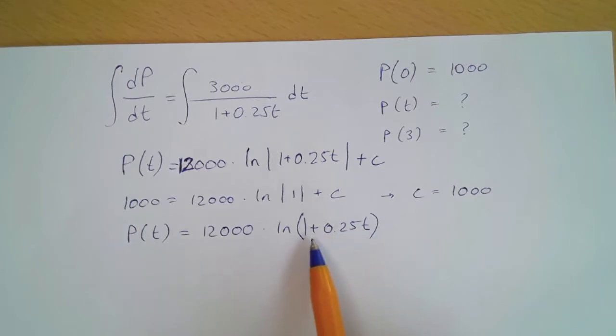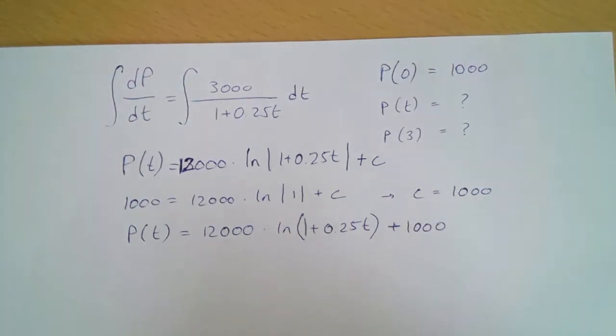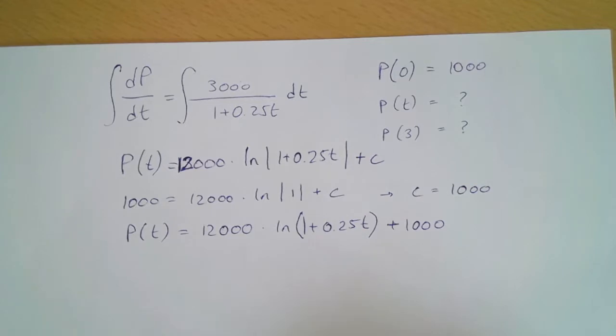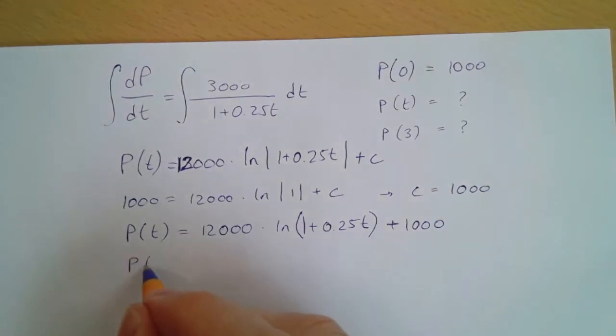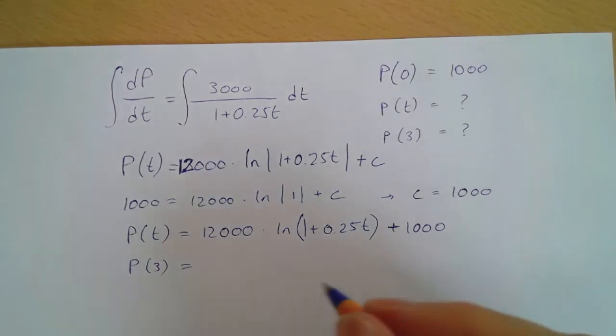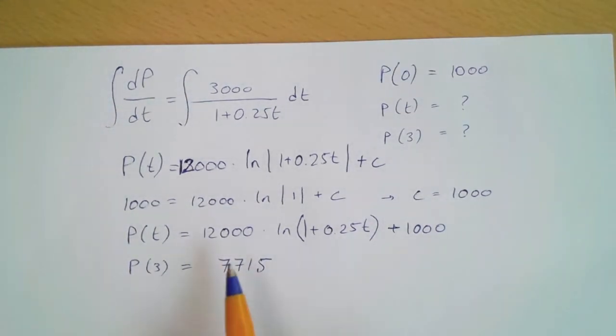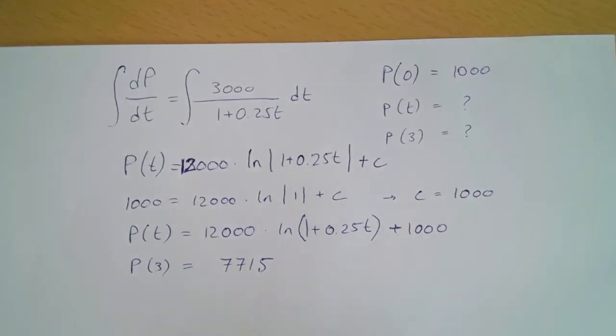We're starting at 0 and going to the positive, so ln of that number here is always going to be positive, plus 1,000. And finally, if we want to find P of 3, we just plug 3 in, and the answer, I believe, is 7,750. So that's very easy. You just put a 3 here and you use your calculator, obviously.